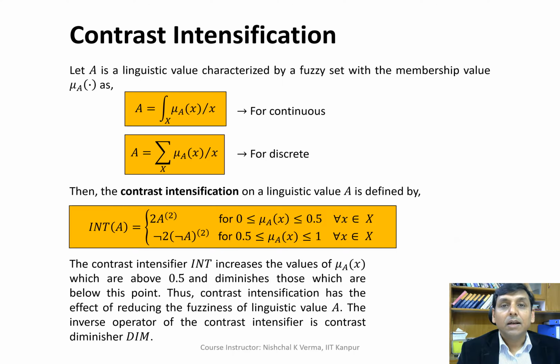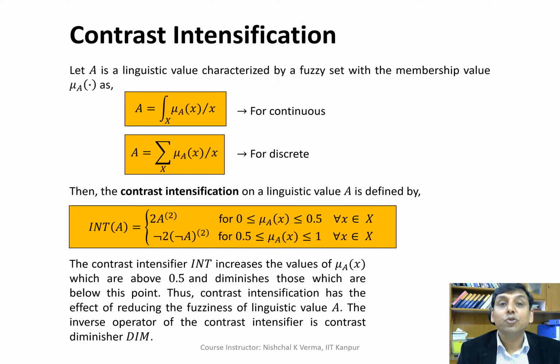So, since we are going to discuss the contrast intensification in this lecture, and we have already the idea of the concentration of a fuzzy set. So here, in contrast intensification, we use the concentration of fuzzy sets.